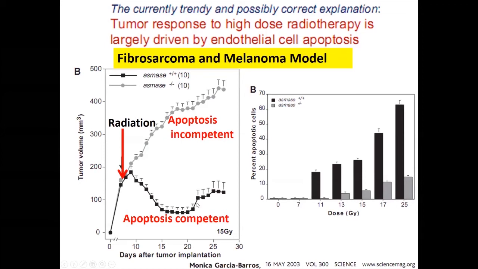Not only this, they also tried to estimate the percentage of apoptotic cells with increasing dose of radiation. And they observed that up to a certain dose, there was no apoptotic cell, but after this threshold, there is a linear relation. As the dose increases, the apoptotic cells keep increasing. So they concluded that there is a threshold for this third process, that is vascular damage, to get triggered.